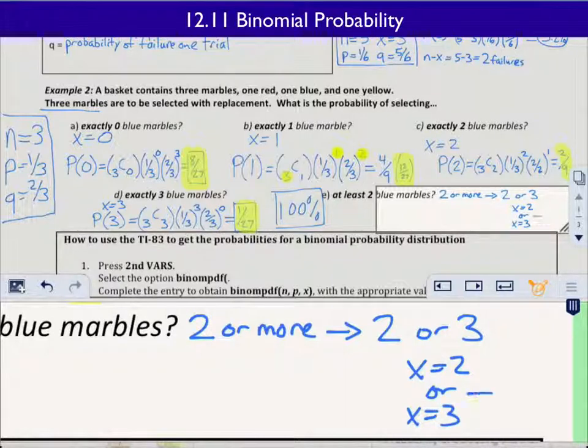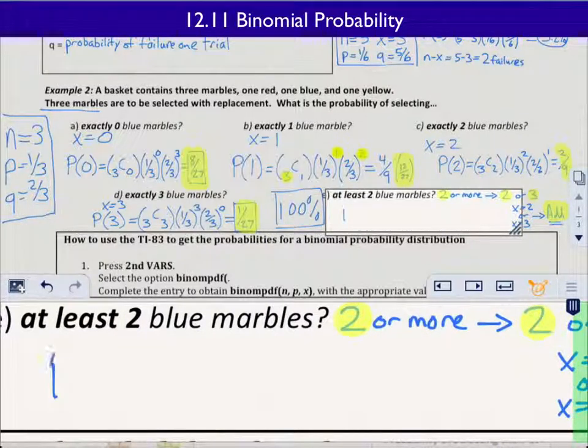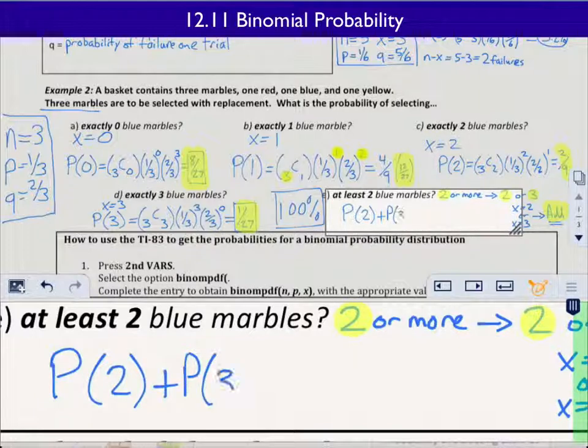And when we have an OR formula, what do we do? We add the probabilities. So anytime you get at least, you're going to have to take 2 or more, and however many that is, you add up all the probabilities. So here we would do the probability of 2 plus the probability of 3.